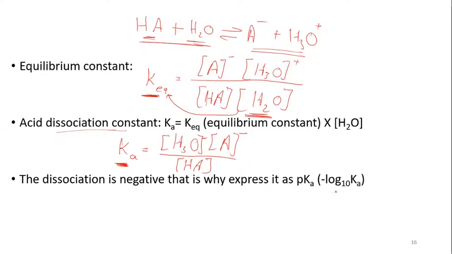This is why in most cases I express it as the minus log of Ka. So my pKa would be the minus logarithm base 10 of the Ka. By that I will have more reasonable values that I can deal with.